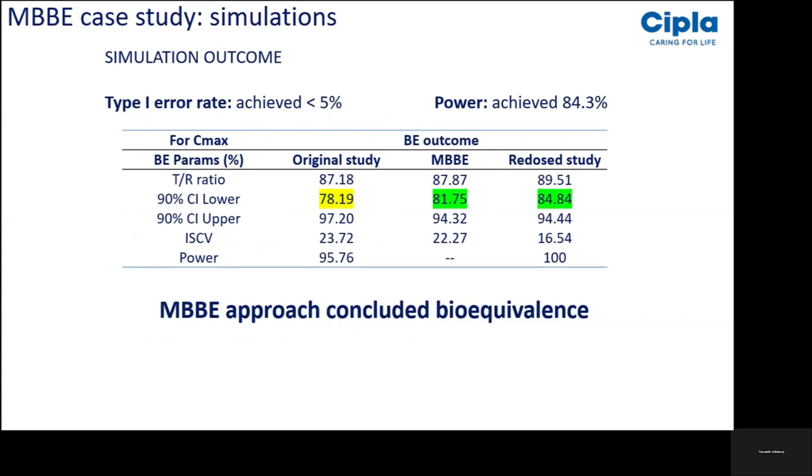Coming to the simulation outcome, the type 1 error rate was achieved and found to be less than 5%, and the power was achieved at the 84% level. And we can see here, compared to the original outcome of the BE through the NCA, the MBBE outcome showed that the products are bioequivalent, as we can see from the 90% CI lower bound, which is well within the BE limits.